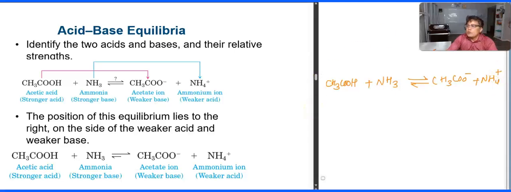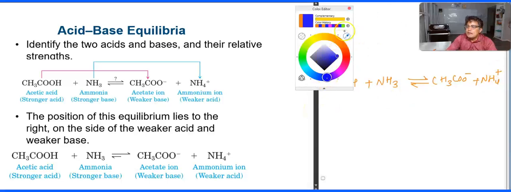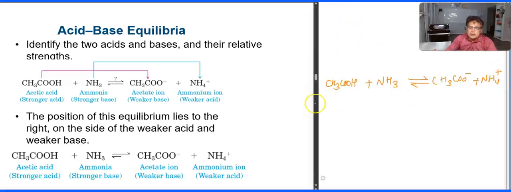First of all, identify the acids and bases. The position of this equilibrium lies to the right. Why? Look at that. This is acetic acid, this is ammonia, this is the acetate ion, and this is the ammonium ion.